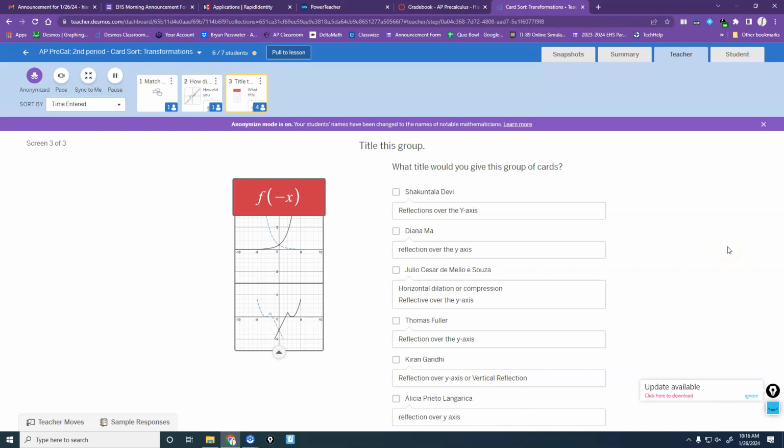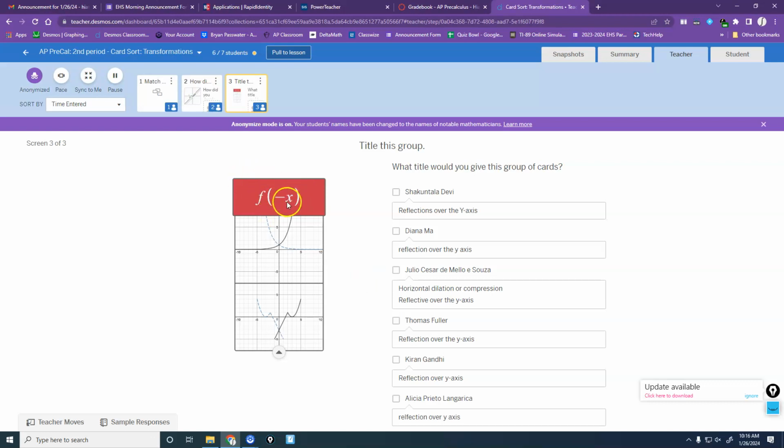I do have horizontal dilation or compression there. That's an interesting one. I don't know if I know the answer to this necessarily. I would not use that here because it doesn't have a number there, right? But what if I put a 2 with that? If I had negative 2x, that would be a horizontal dilation, right?